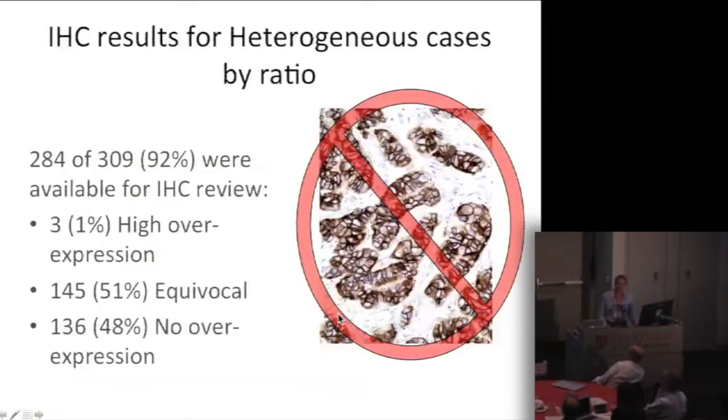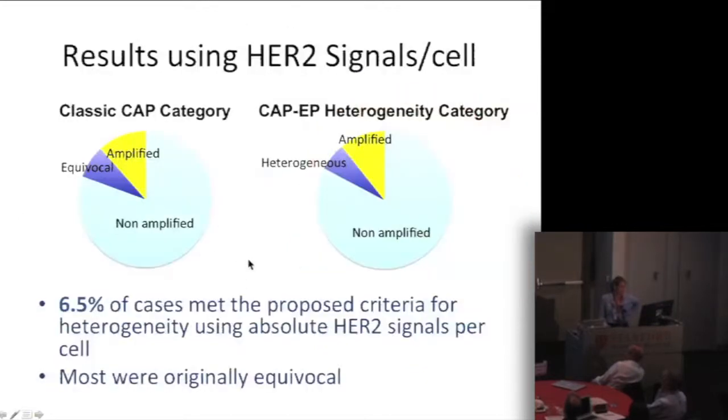But if you look by immunohistochemistry and try to match up the results and say, well, is there really protein overexpression in these cases? The answer is no, very few. We do have equivocal cases, a very high rate of being 2+ positive, but not 3+ positive by immunohistochemistry.